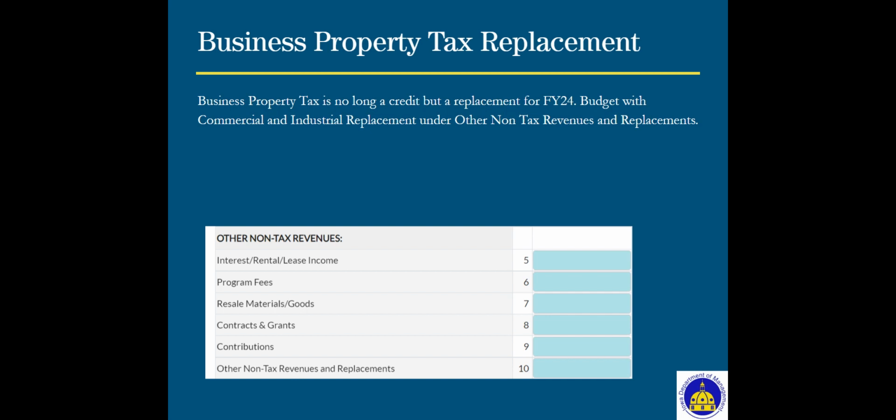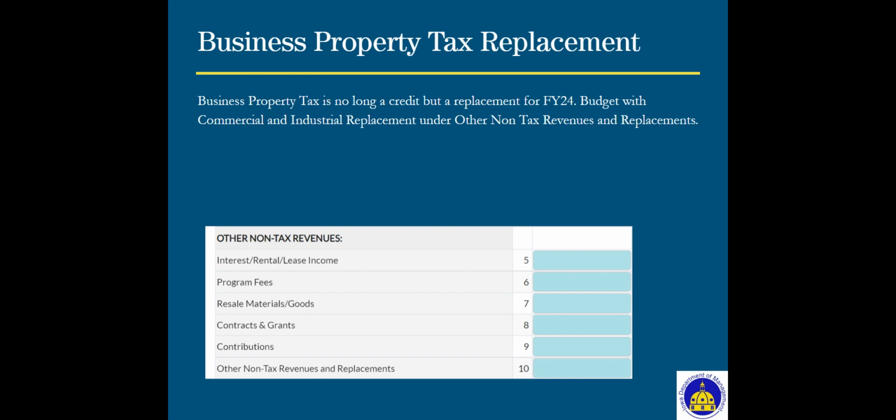So you'll receive two replacement payments. I'll talk about commercial and industrial next, but you're also going to receive this business property tax as a replacement revenue. Now, I will tell you this is the first year for this change, so it will be potentially difficult to estimate how much you would receive with this transition from the business property tax program from a credit to a replacement.